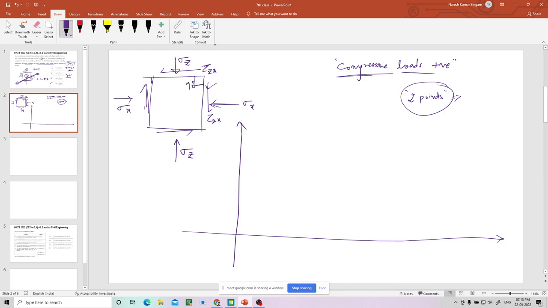Then you take the stresses on those planes as 2 points. Then you draw those 2 points in the sigma tau plane. This is the sigma axis and this is the tau axis. Now let us write the points first.